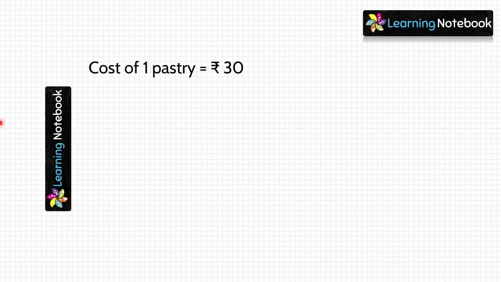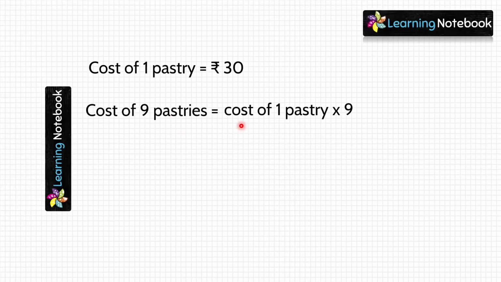So now we have got the cost of 1 pastry. Let's use this to find the cost of 9 pastries. Cost of 9 pastries would be equal to cost of 1 pastry multiplied by 9. Cost of 1 pastry is rupees 30. So rupees 30 multiplied by 9 equals rupees 270.